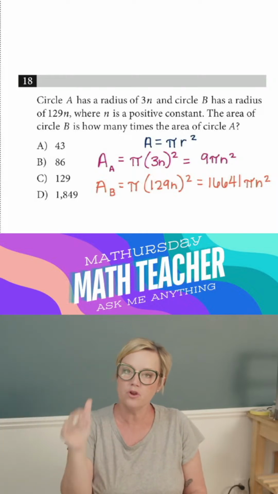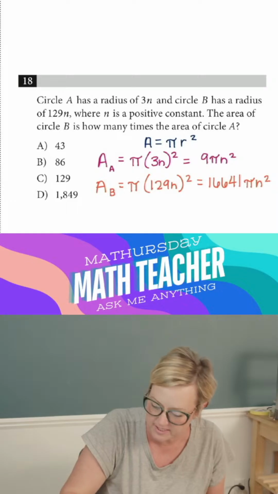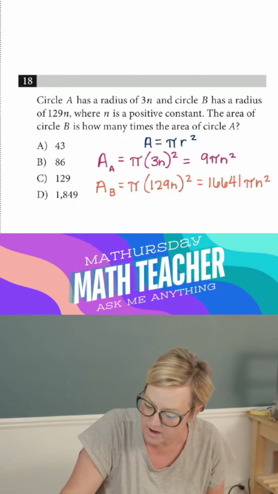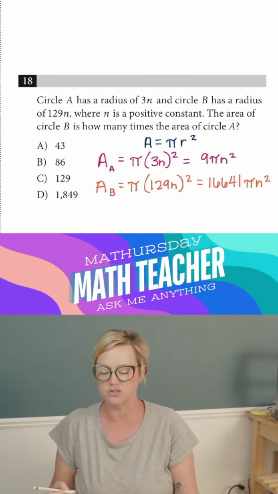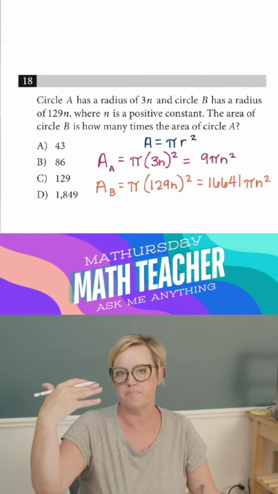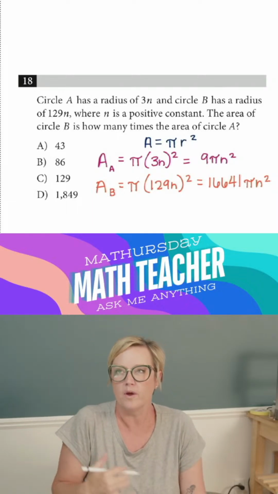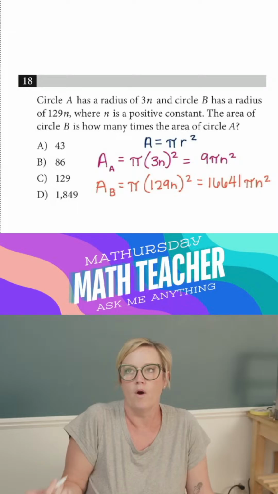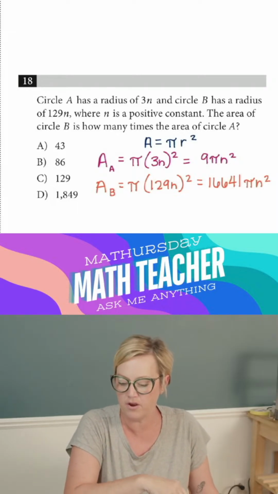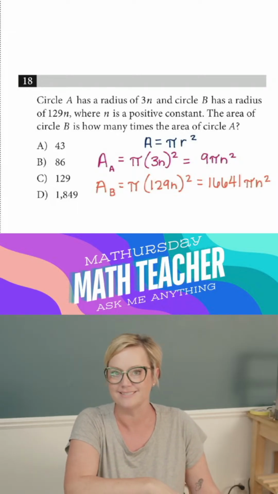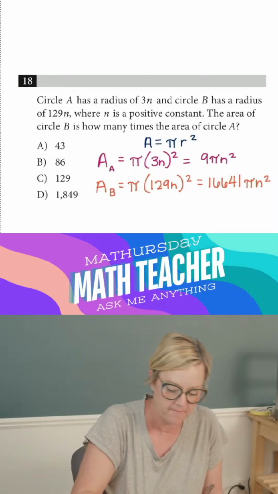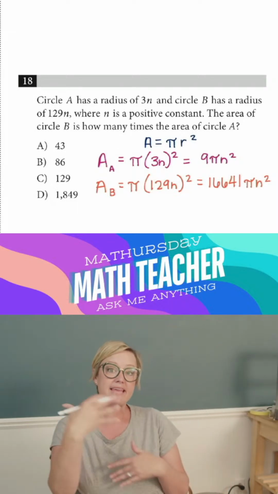But what you'll notice is when I start setting these up, it says the area of circle B is how many times the area of circle A. This is just setting up a basic ratio, right? What it's really looking at is what do you need to multiply the area of circle A by to get the area of circle B? So I can think about this in reverse.